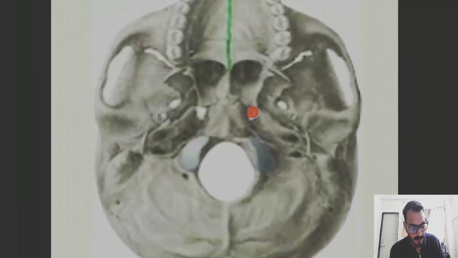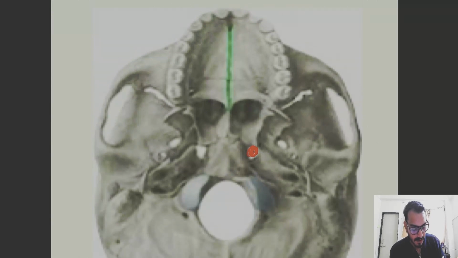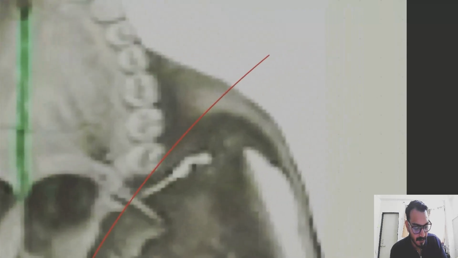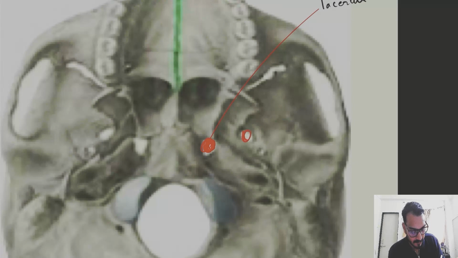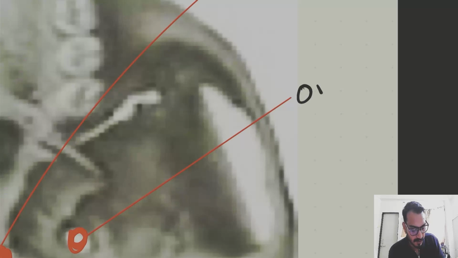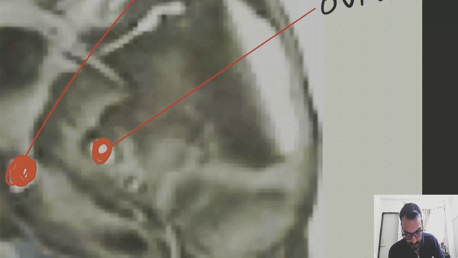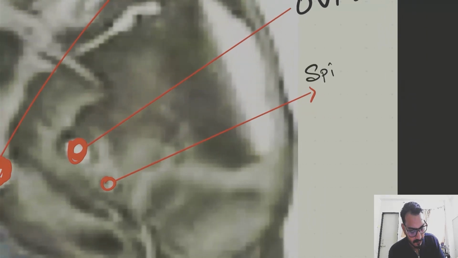So this here is foramen lacerum. Here this is oval. Just below the oval, we have foramen spinosum.